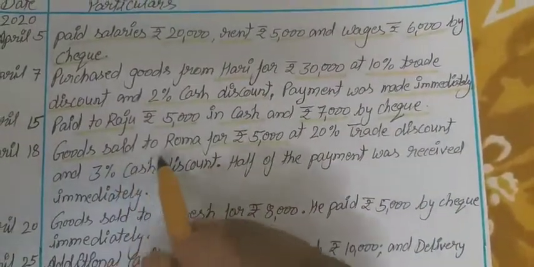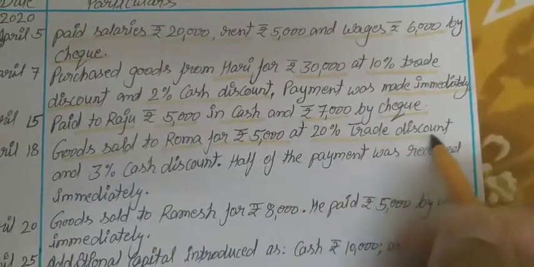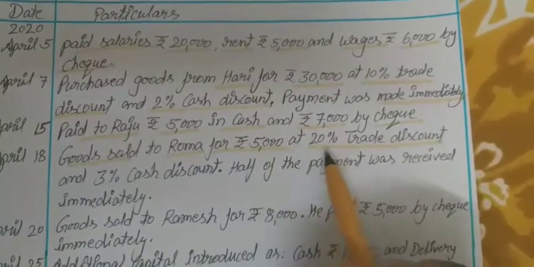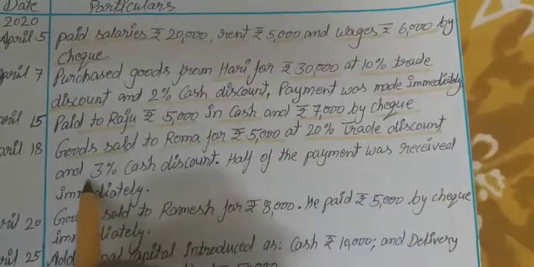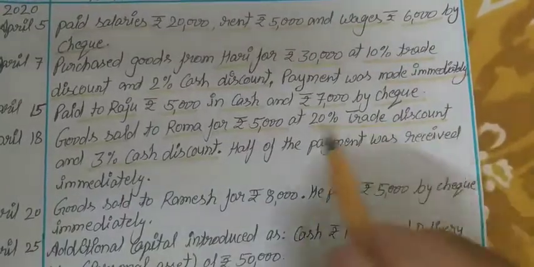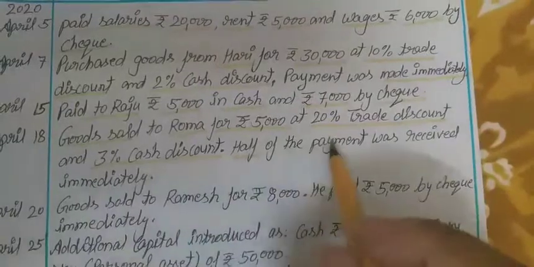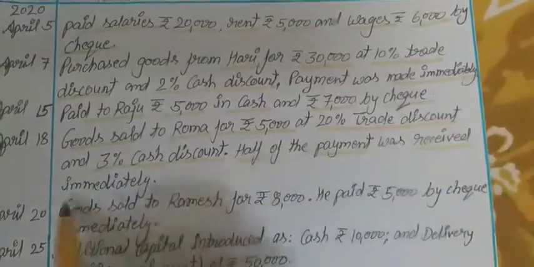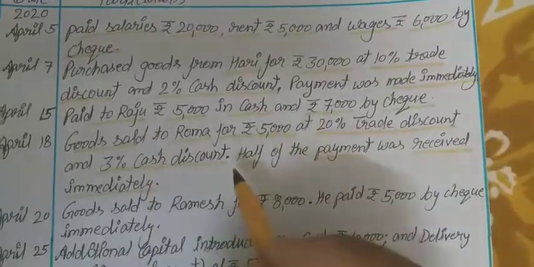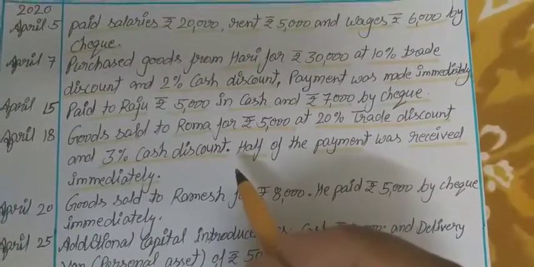So goods sold to Roma for rupees 5,000 at 20% trade discount. 20% trade discount is charged on 5,000, and 3% cash discount, and half of the payment was received immediately. Half of the payment we received immediately.